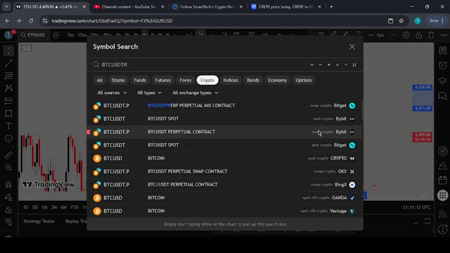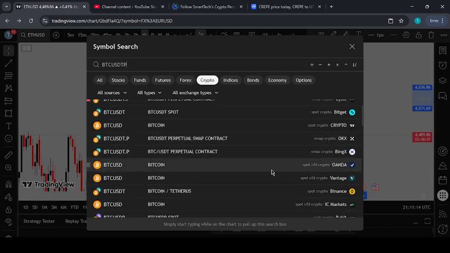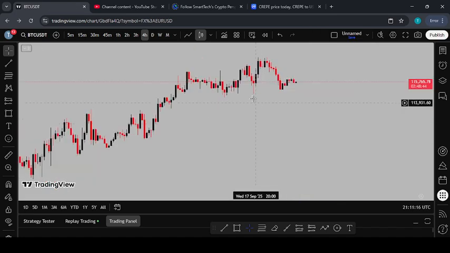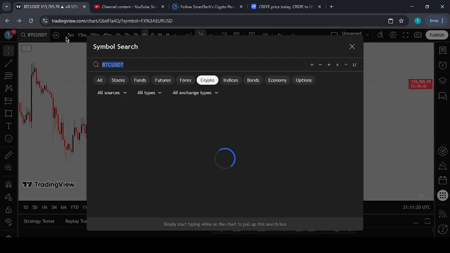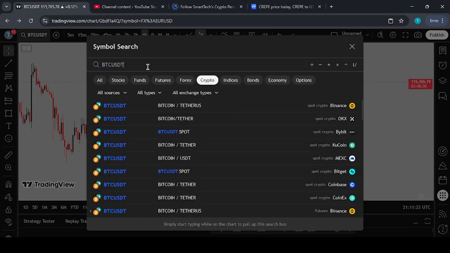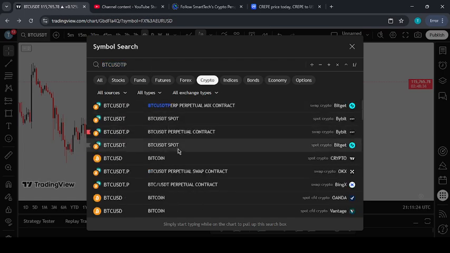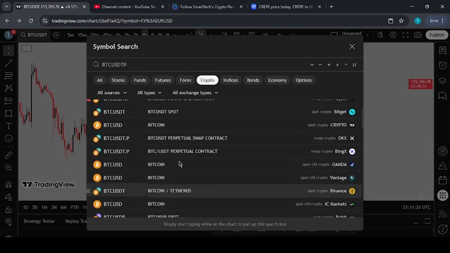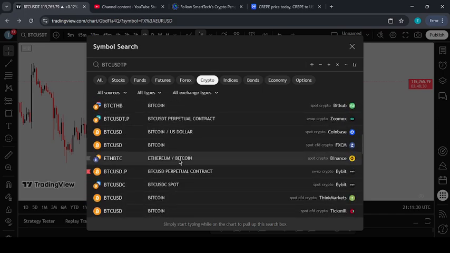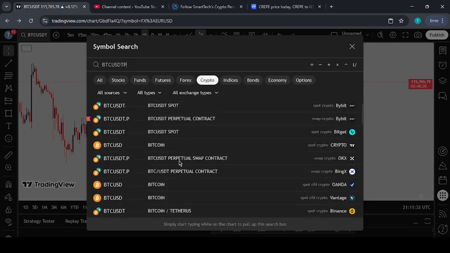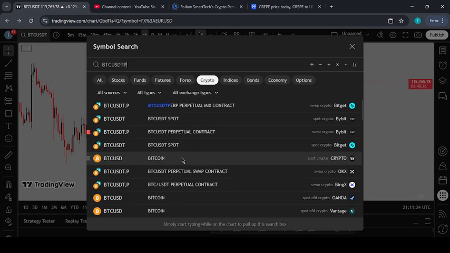Where's the pair? Okay, good. Not where I am. Let's look for that. Okay. Where is it? BTC USDT now.